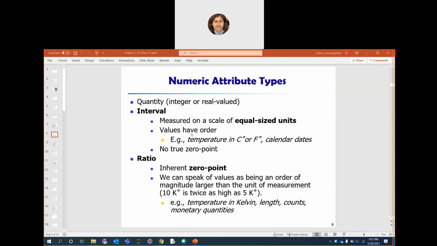They are measured on a scale of equal sized units. So if you have values in an order, like temperature in centigrade or Fahrenheit or calendar dates, they are in a specific order. Considering, let's say, each day as an object, the temperature of each day can help with determining the ranking of objects with respect to temperature.